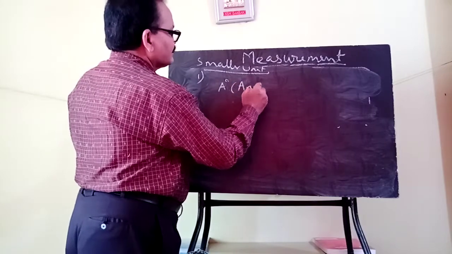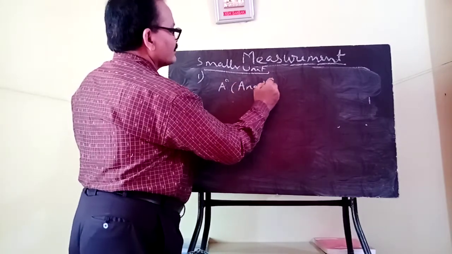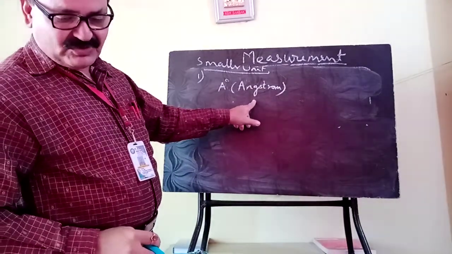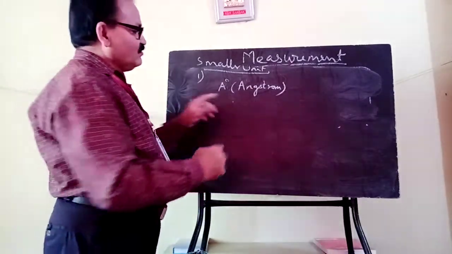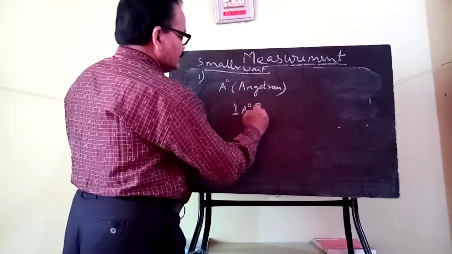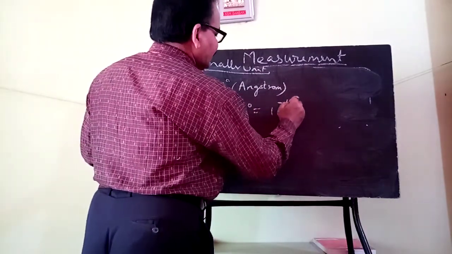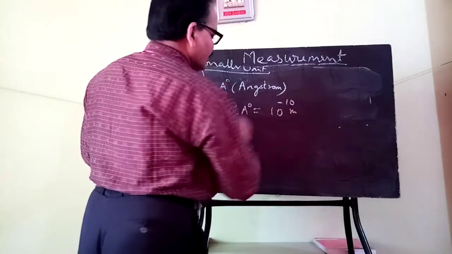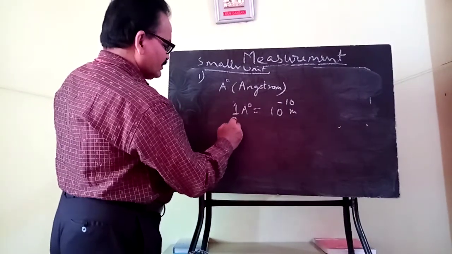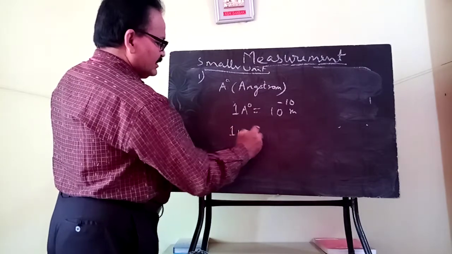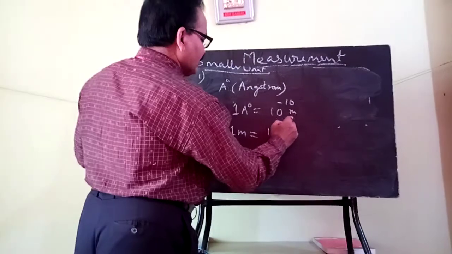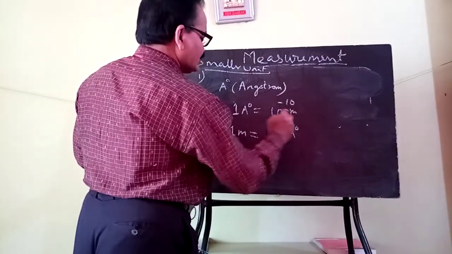Here, 1 angstrom is 10 to the power minus 10 meter. That means in terms of the SI unit, 1 meter can be written as 10 to the power plus 10 angstrom.